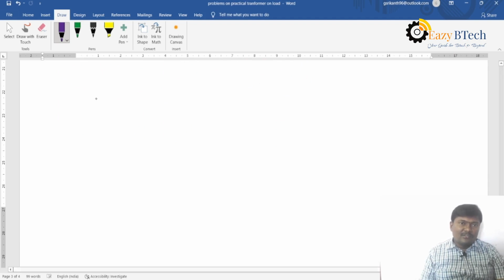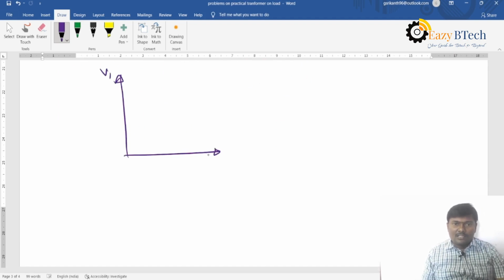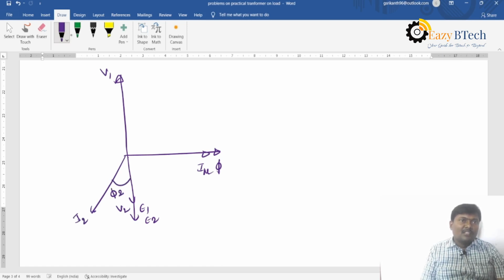Again you should draw the phasor diagram. V1, and the magnetizing component of current is lagging with respect to voltage by 90 degrees, and here it is V2. With respect to V2, I2 is lagging at an angle of phi 2. The watt-full component of current is the in-phase component. The resultant current is the no-load current.